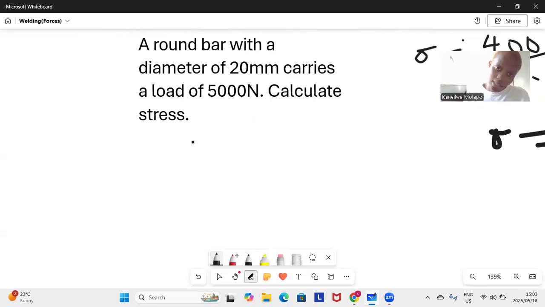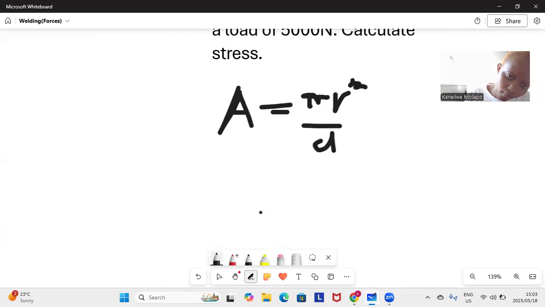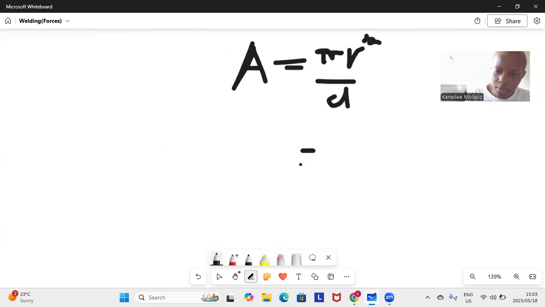A round bar. Firstly, you have to know that the area for a circle equals pi r squared. So our pi, you just say pi, like it is there on the calculator.